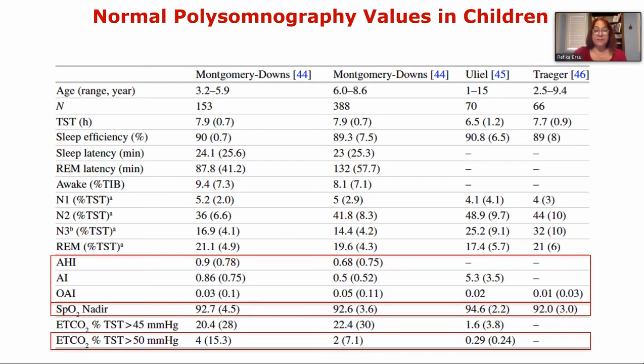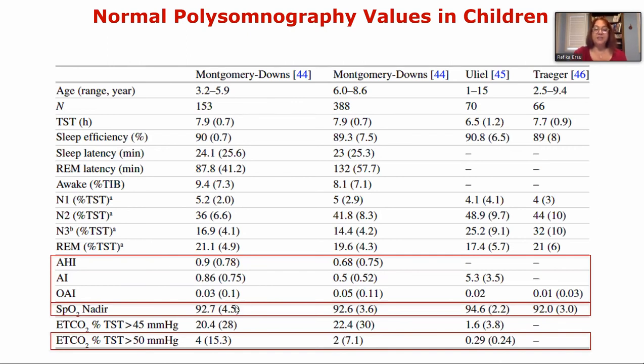There are some newer studies, but they confirm the same findings. So apnea-hypopnea index is usually less than 1 in otherwise normal children. But you look at the ages here. So newborns have higher values of obstructive sleep apneas, central apneas. So these are for children older than 1 year of age.